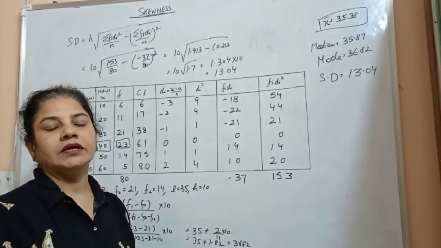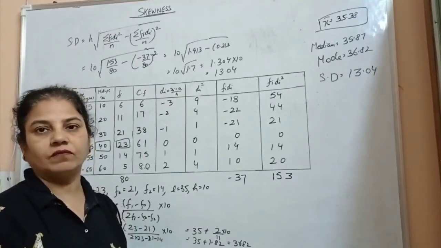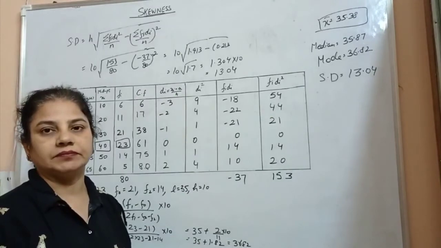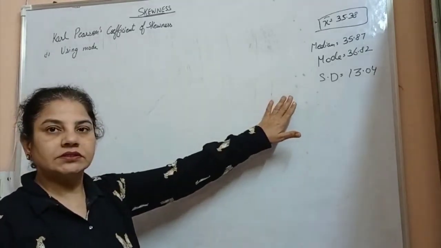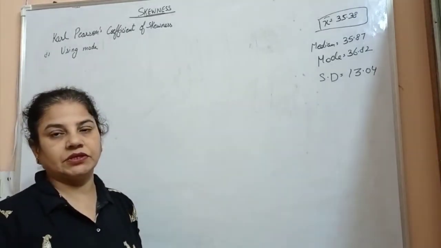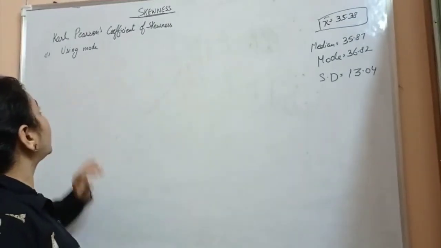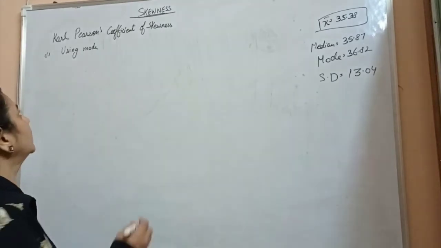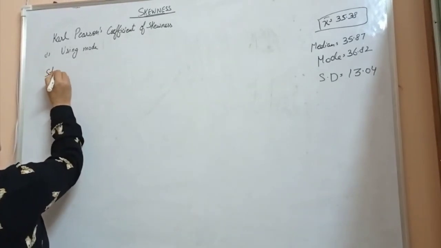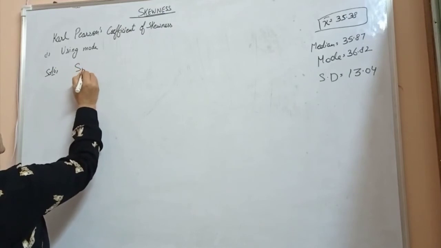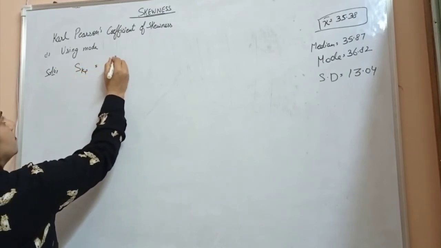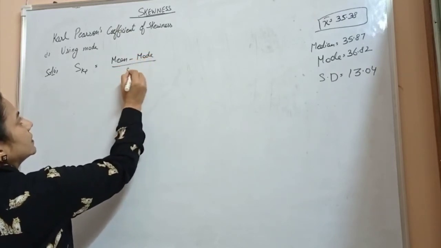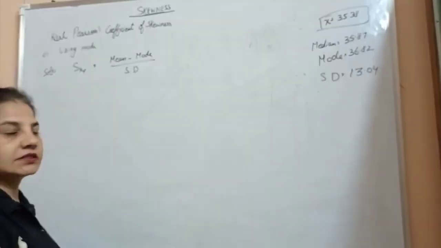Now next we calculate the Karl Pearson coefficient of skewness using mode as well as using median. We already calculated the mean, median, mode and standard deviation. To calculate the Karl Pearson coefficient of skewness using mode, we apply the formula: mean minus mode divided by standard deviation. SD stands for standard deviation.